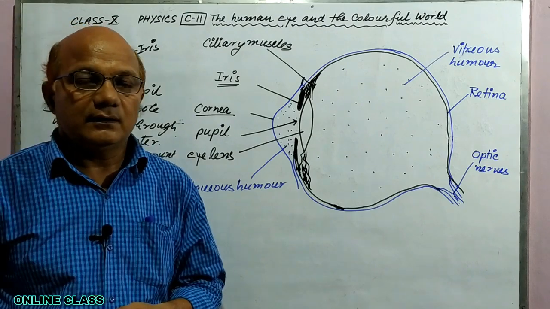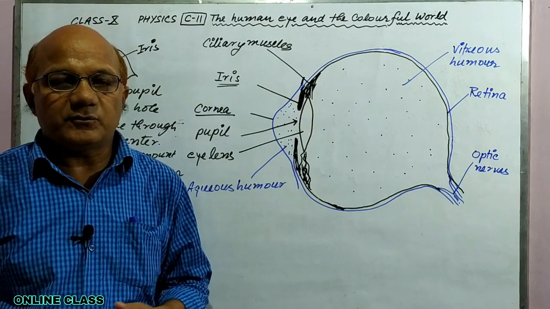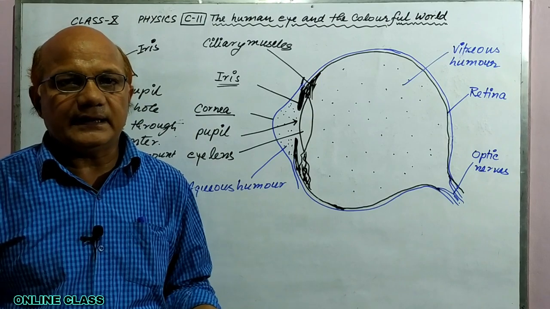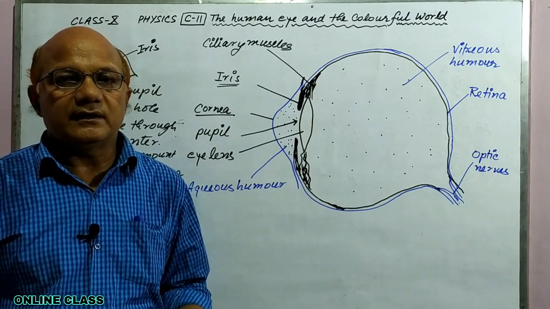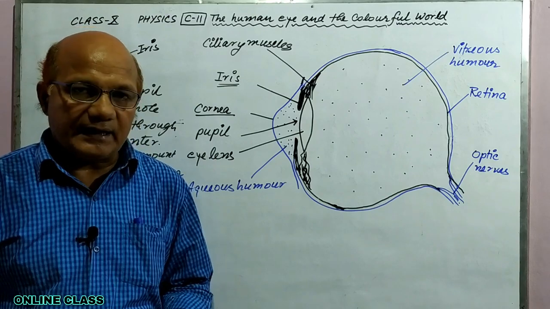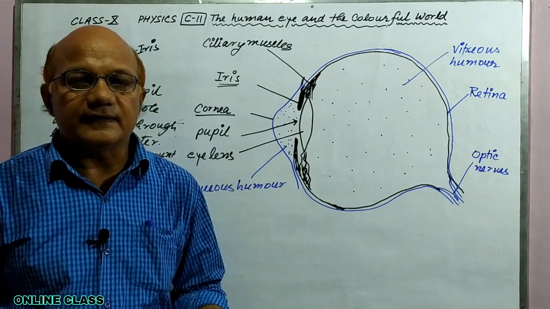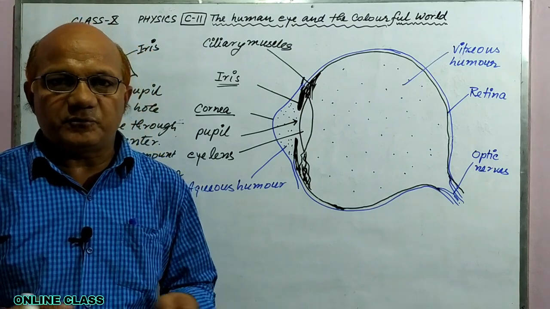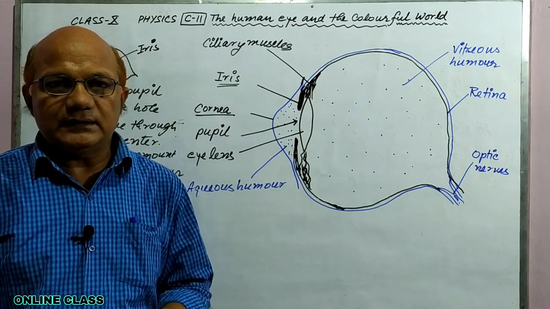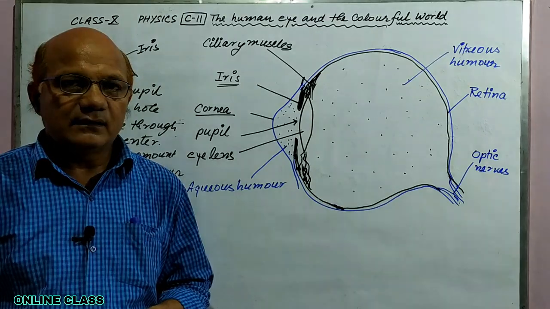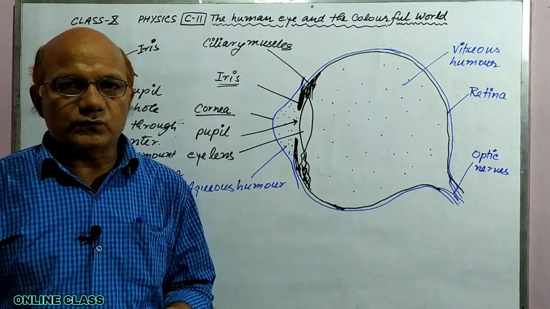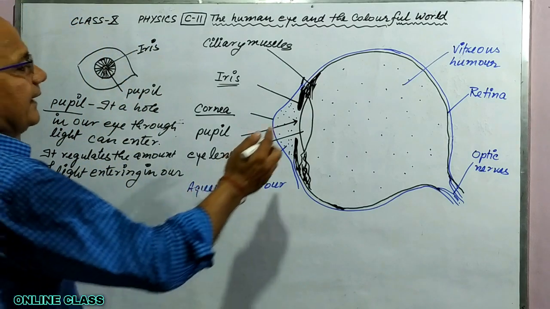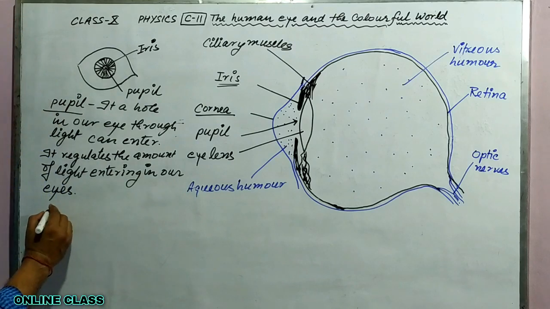Actually, in bright light the size of pupil decreases, but in dim light the size of pupil increases. Okay. So in this way, by changing the size of pupil, the amount of light in our eye is regulated and it helps to see the object clearly.